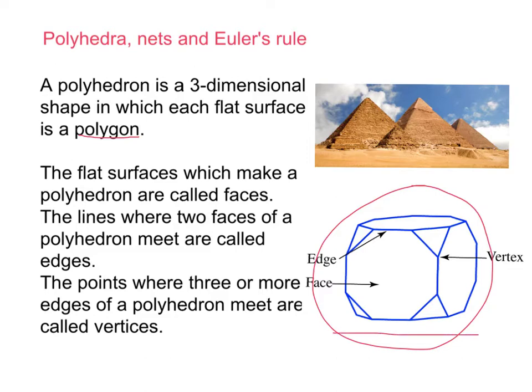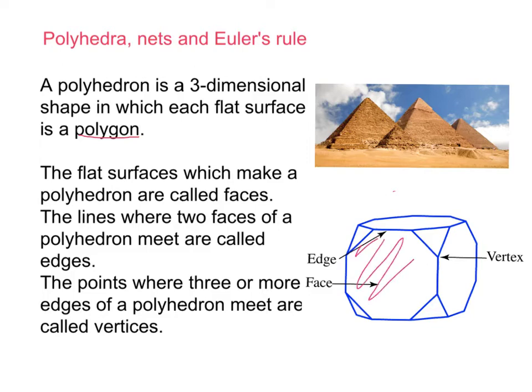Okay, the lines where two faces of a polyhedron meet are called the edges. So, let's get rid of our big circle Mr. Corsi drew around here, and let's have a look at this shape in this diagram. The faces are the flat surfaces.